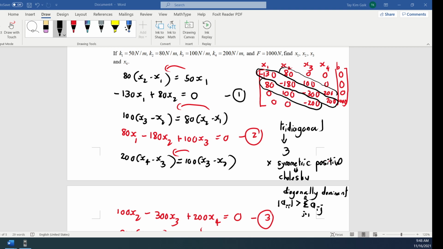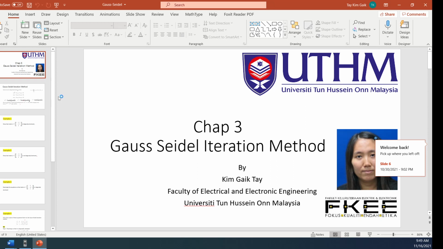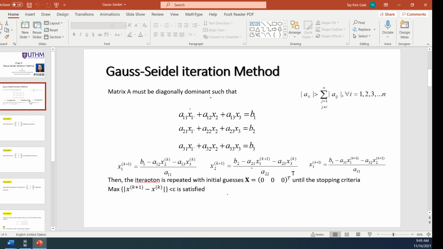Hold on, let me check back. So it's greater: the magnitude |Aii| must be greater than the summation of |Aij|, with j not equal to i, from 1 to n.